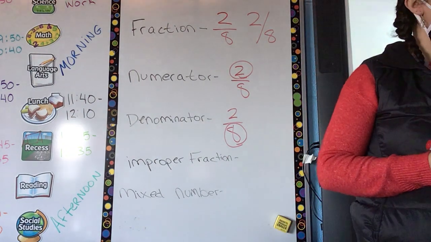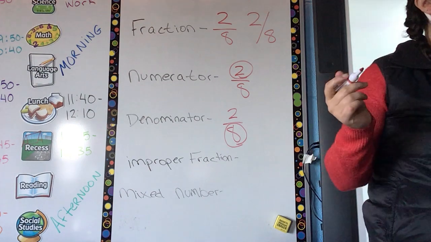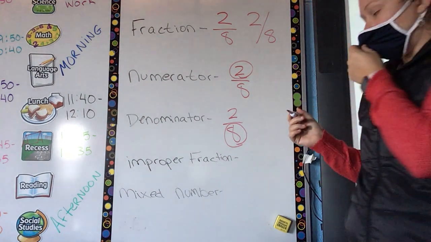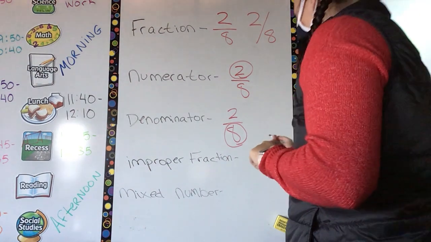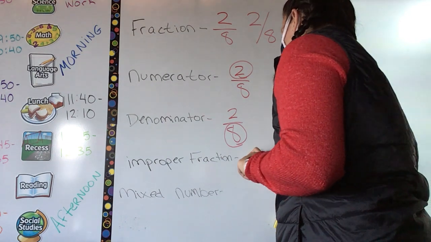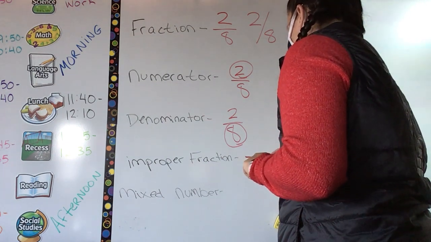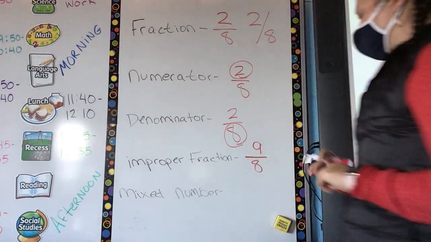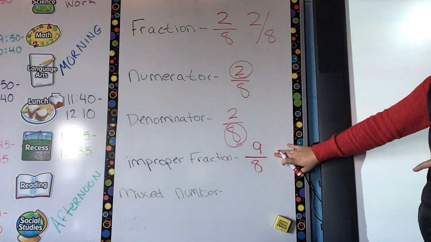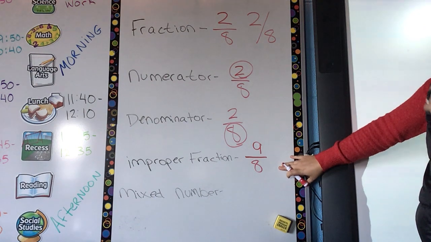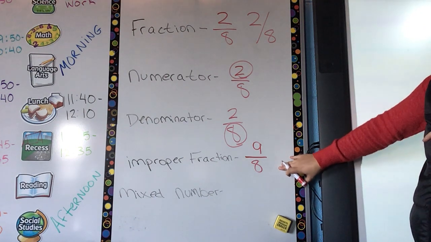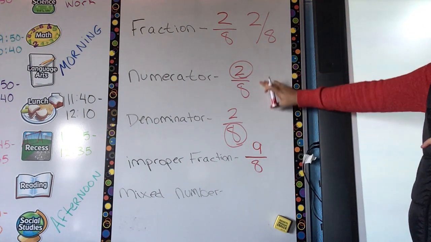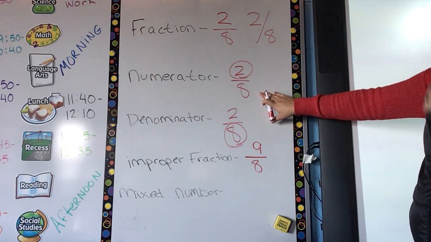A fraction in which the numerator is equal or greater than the denominator. Okay, good. So my numerator is larger than my denominator. So in the example here, 9/8, okay? Typically in a proper fraction, our numerator is smaller than our denominator.